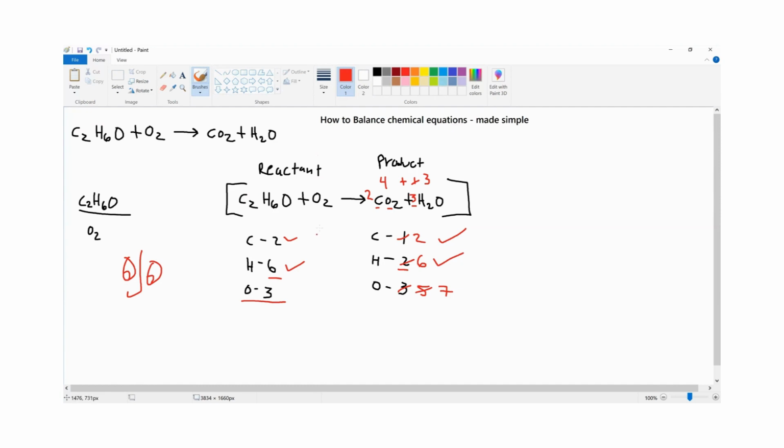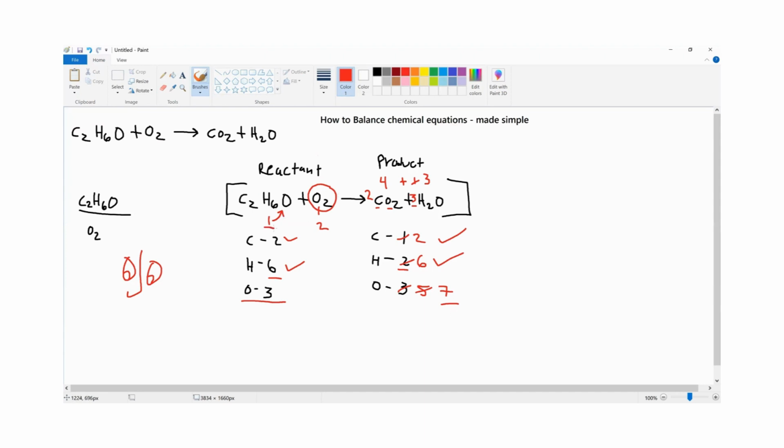We have 2 oxygen here and 1 oxygen here. We want something to get to 7. Now, if we were to add a coefficient here, this will mess up our whole formula. So it's much easier to just add something to this lone one to give us 7.